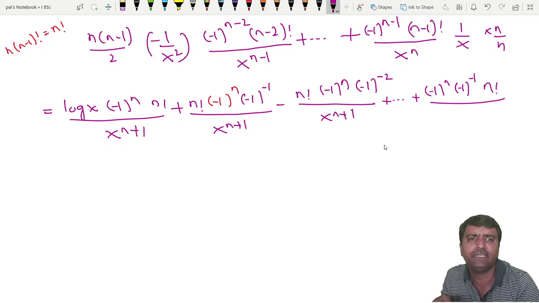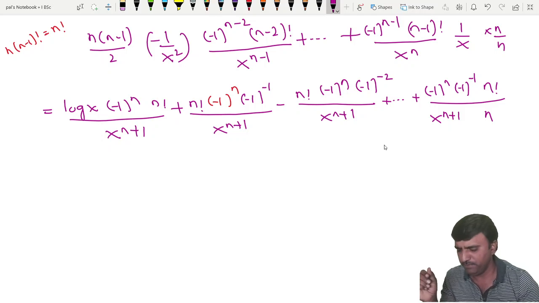So n factorial divided by x into x to the power of n is x to the power n plus 1, and n.